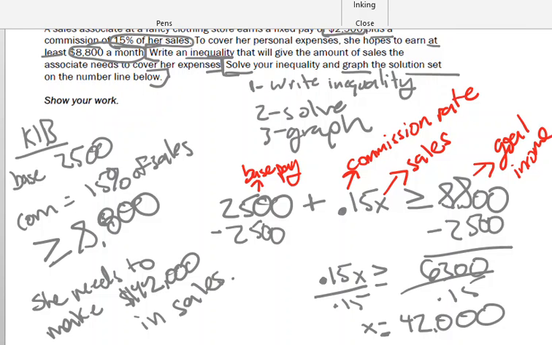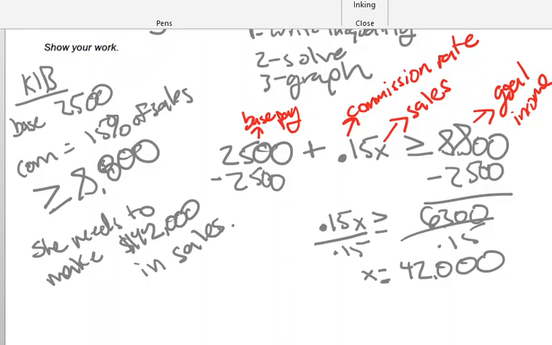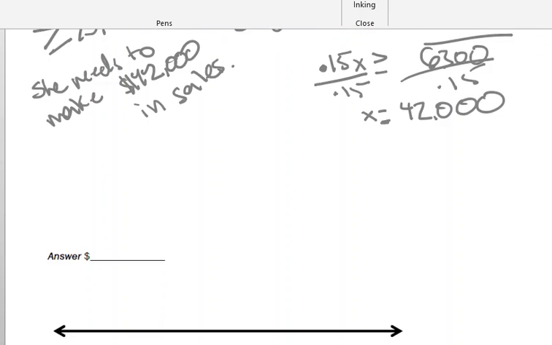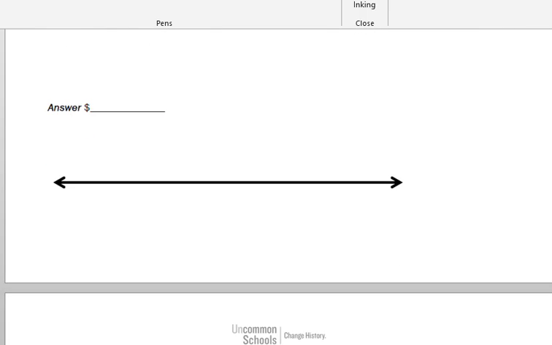All right, and so let's pop down to this number line all the way down here. So I'll put my 42,000 here. She needs to make greater than or equal to 42,000.